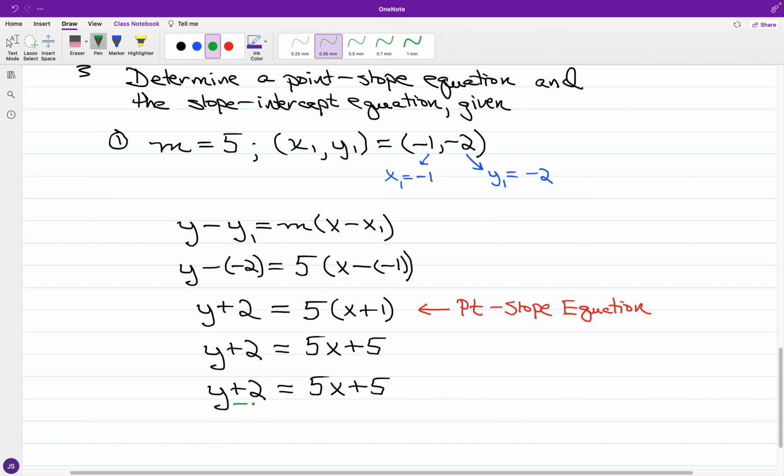Upon taking 2 away from both sides, we have that y is equal to 5x plus 3, and this will be the slope-intercept equation.